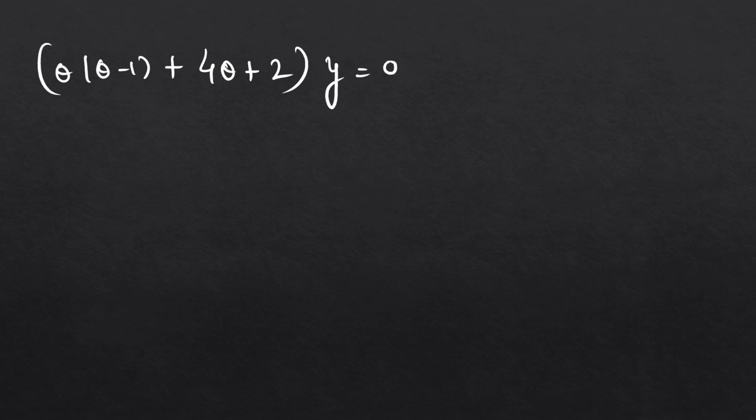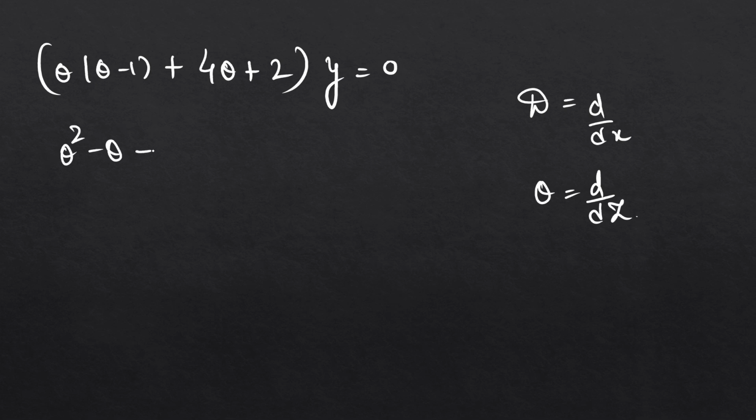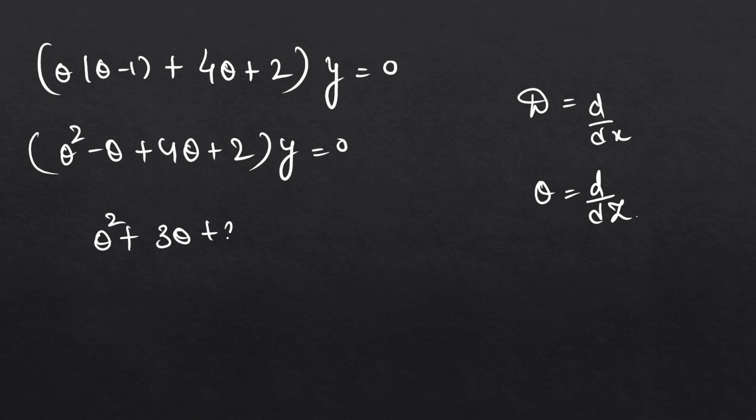As I told you already, when we talk about D it is the operator d by dx, but when we talk about theta, this is d by dz. So we will simplify it. It is theta square minus theta plus 4 theta plus 2, y equal to 0. After that it is theta square plus 3 theta plus 2, y equal to 0.